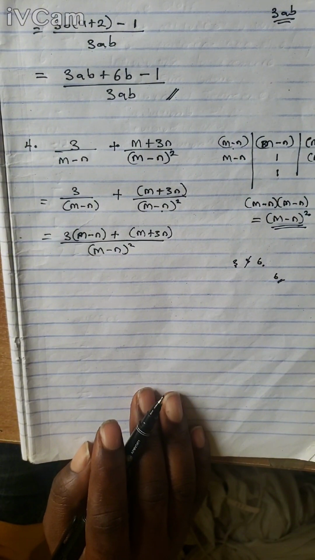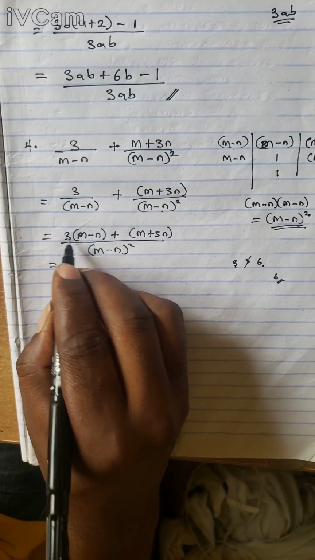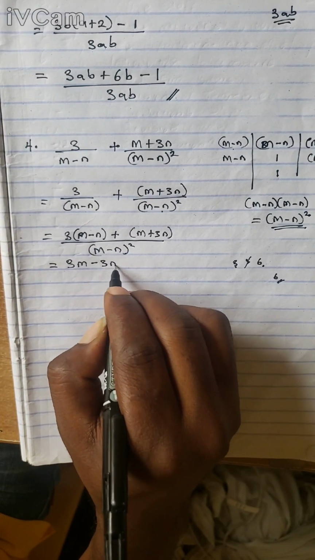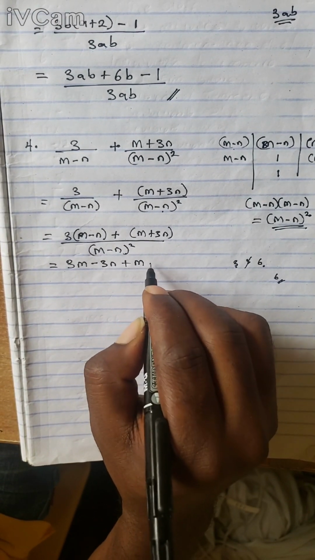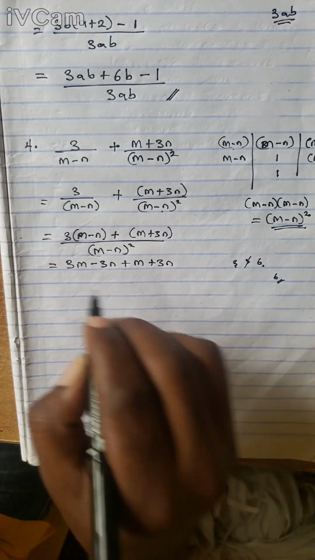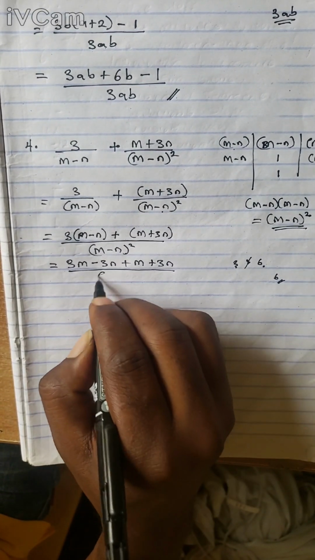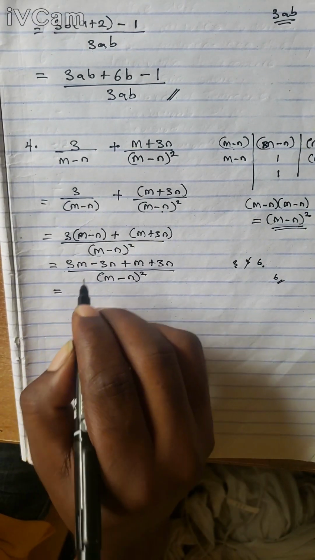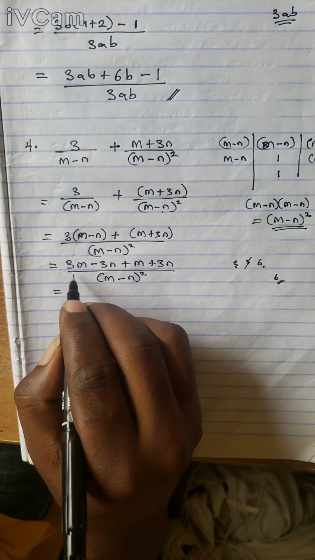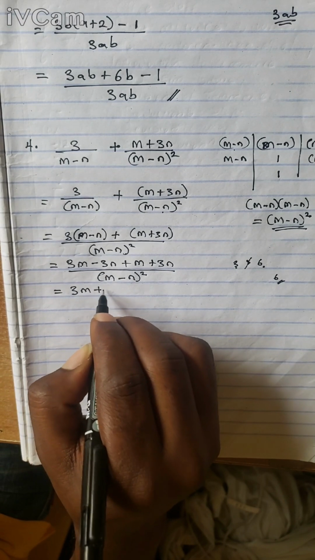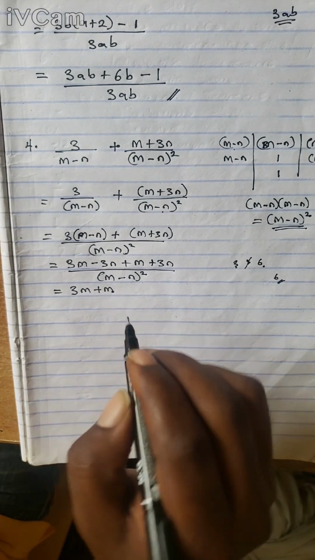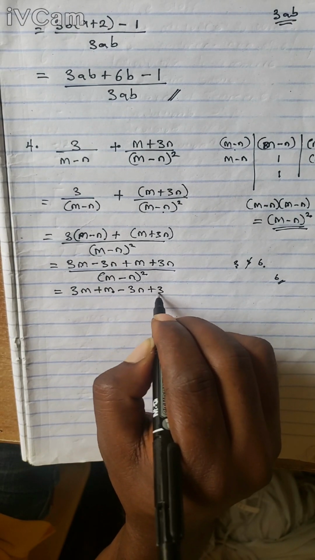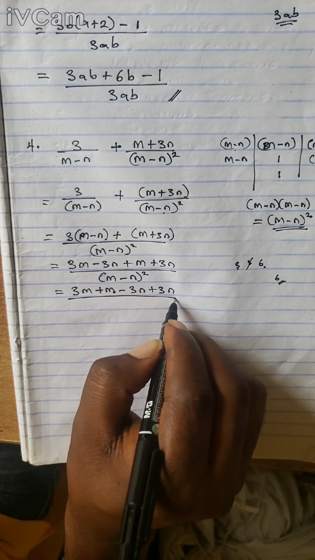So this times this will give me (3m − 3n + m + 3n) all over (m − n)², which equals, collecting like terms now, 3m plus m, minus 3n plus 3n, all over (m − n)².